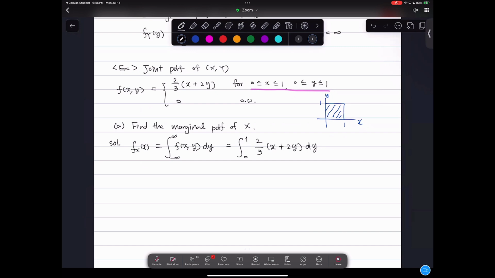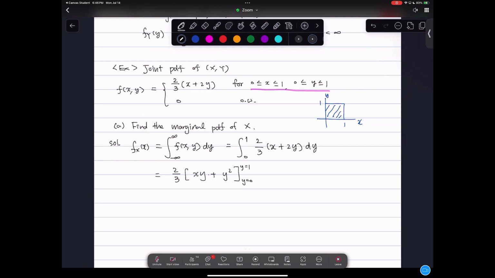Now I'm ready to do my integration. Integrating with respect to y, I get 2/3 times xy plus y squared, with y going from 0 to 1.